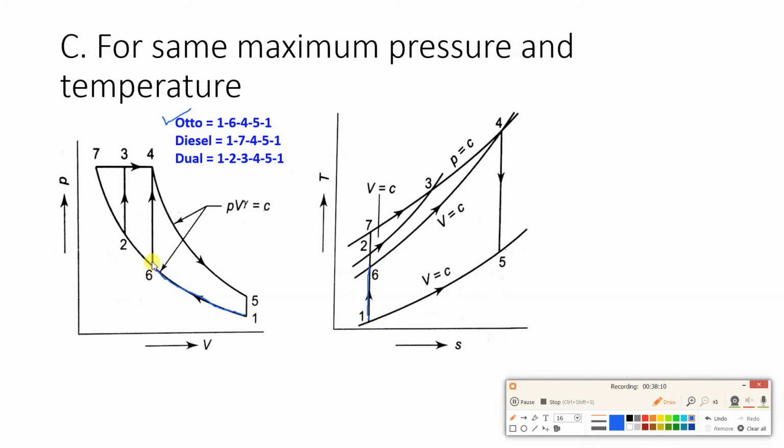So 6 to 4 is constant volume heat addition. From point number 6, here you can see I have drawn a constant volume curve, and I will show process 6 to 4 which is constant volume heat addition.